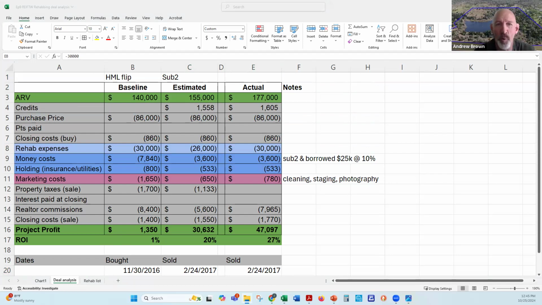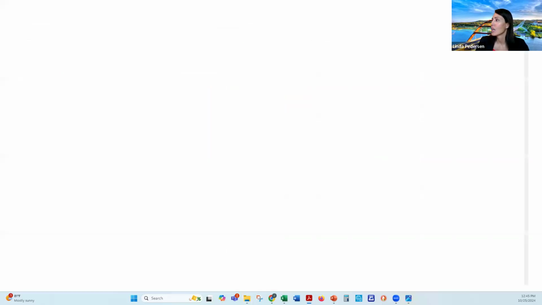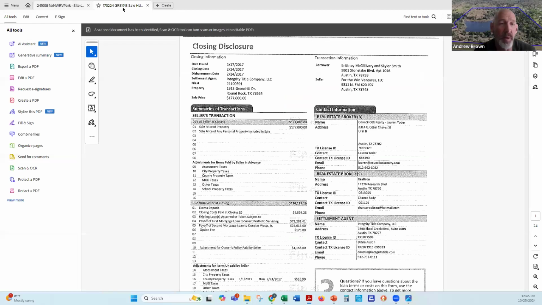I'm not going to take the time while we're on this to go into MLS and run accurate comps on it. It would shock me if this is not a $350,000 house now. Right. We sold it for 177. So maybe a better strategy, and we didn't know it was going to appreciate that much. You're just betting on appreciation.